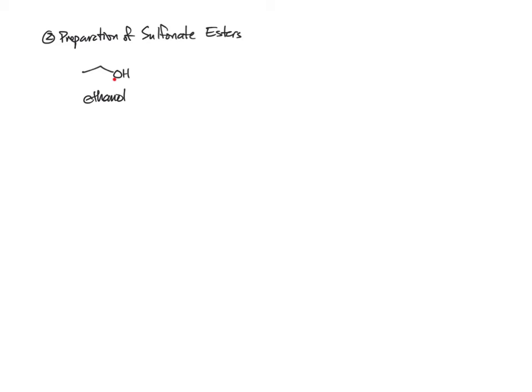So we have to activate it, and that's what I'm going to show you the conditions to get another substrate that we can then use in other SN2 reactions. So I'm going to write the conditions down, and then I'll show you the mechanism of how this specific transformation happens.